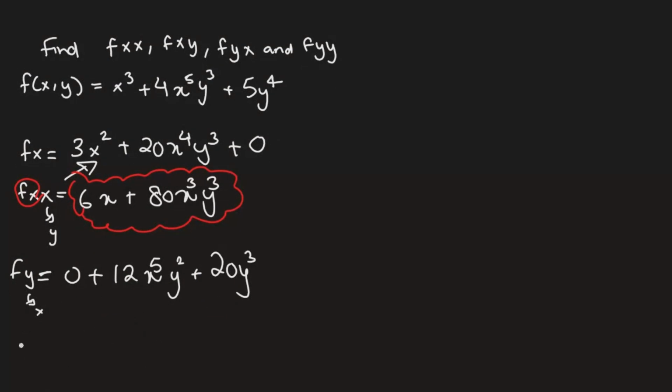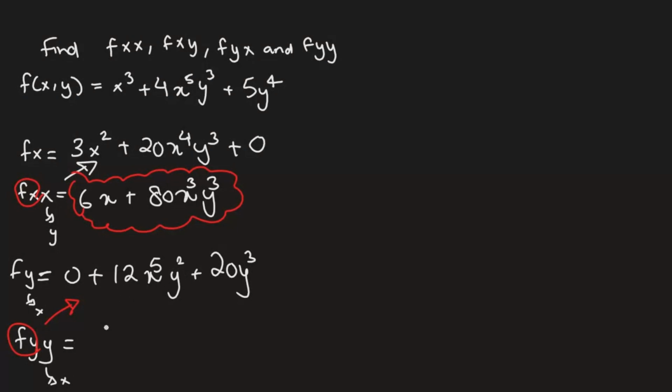Now let's move on to f_yy. We already have our f_y, right? This function is f_y. So now we are differentiating this function with respect to y, which means we are keeping x as a constant. So now differentiate this function with respect to y.